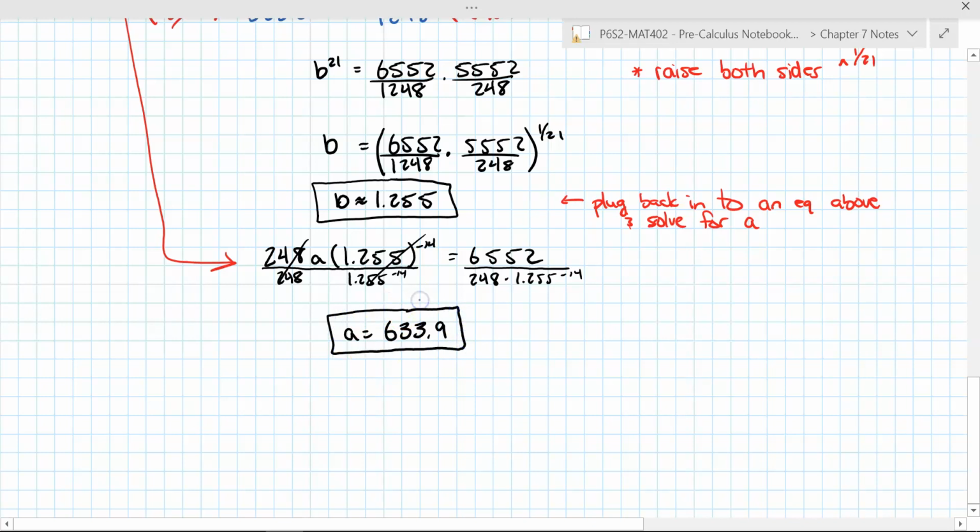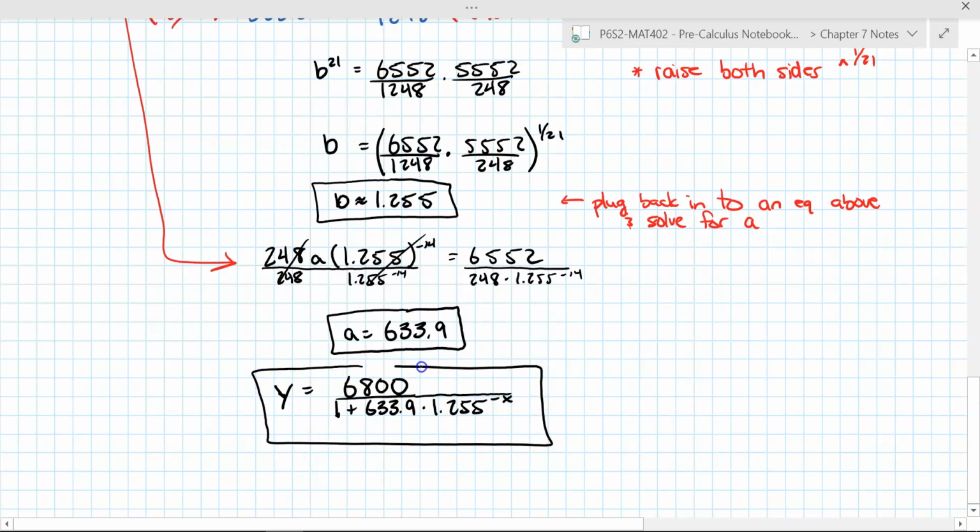So that means my logistic function will be 6,800 divided by 1 plus 633.9 times 1.255 to the negative x power. So there's my logistic function for this thing.